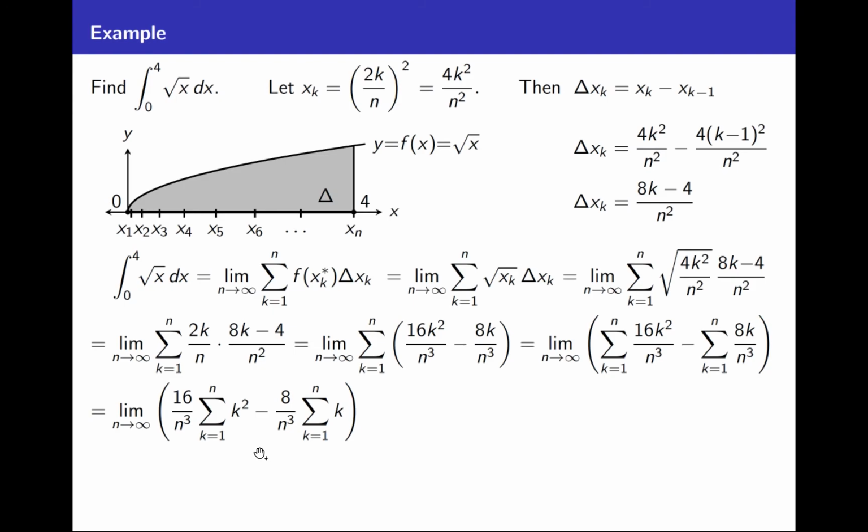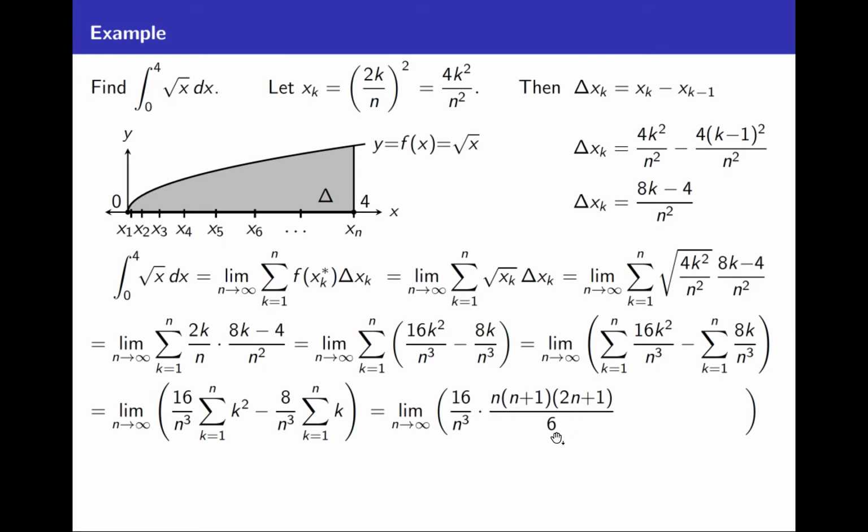What next? Well, remember, we have a couple of formulas, one for the sum from k equals 1 to n of k squared, and the other for the sum from k equals 1 to n of k. You might have to go back and look those formulas up. We don't use them very often, but here's a place where we do use them. Remember, this sum from k equals 1 to n of k squared is n times n plus 1 times 2n plus 1 over 6.